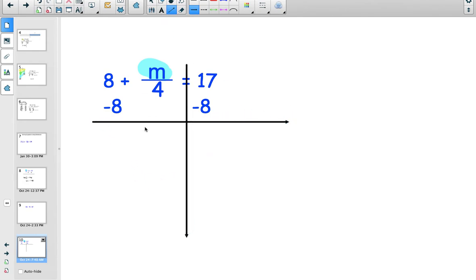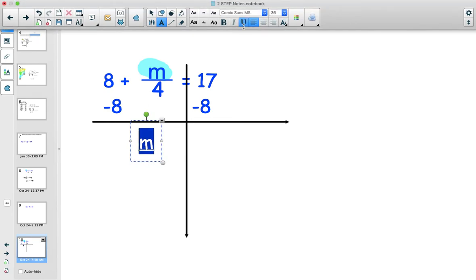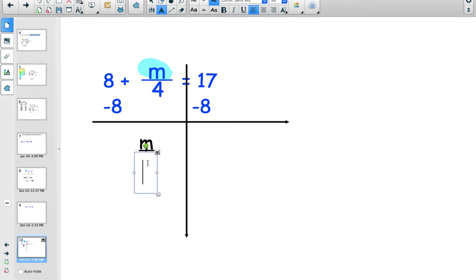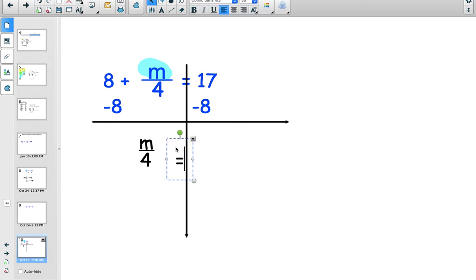I'm left with m over 4 equals 11. So then I'm going to times by 4 on both sides.